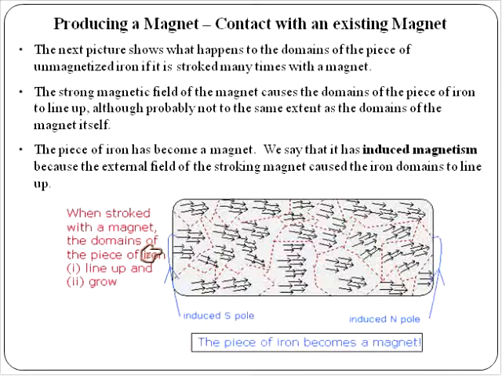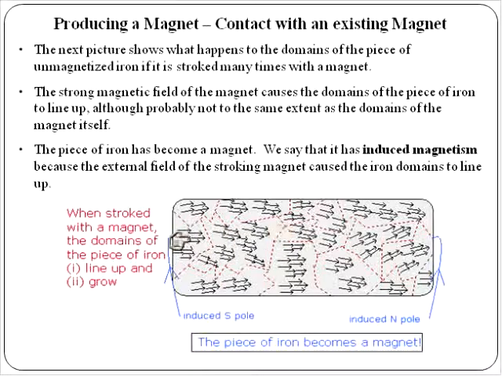But anyway, the strong magnetic field of a magnet close to this piece of metal, or even stroking it, you rub the magnet over the top of it, starts to twist the domains around and starts to align them with the magnet itself. And in essence, what happens is the domains in the piece of metal begin to line up.